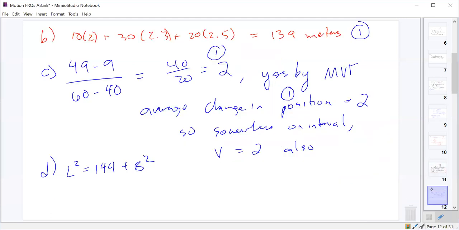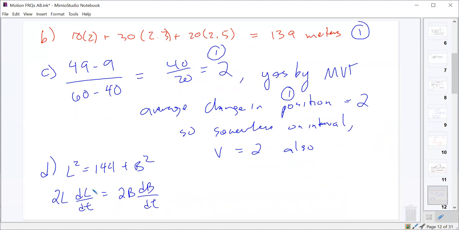So the derivative of L squared with respect to t ought to be 2L dL/dt. The derivative of 144 ought to be 0, and the derivative of b squared ought to be 2b db/dt.